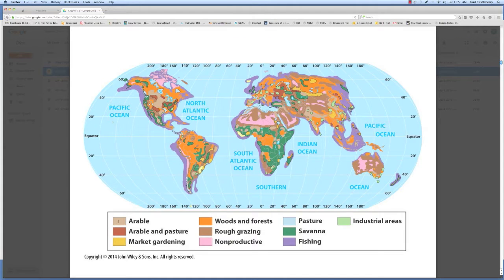As you look at this global perspective, I'm going to give you just a moment. Take a look and see where, in terms of square miles or square kilometers, the areas are that have the most arable, or crop production friendly, soils.